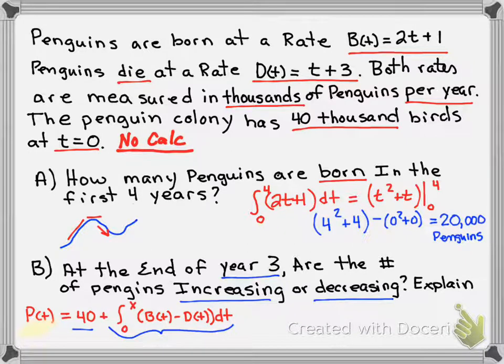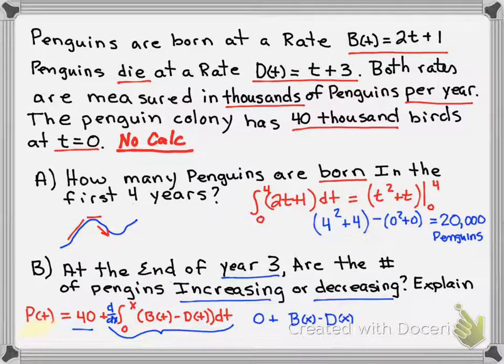Well, the derivative of this 40 is 0, and the derivative of this integral cancels out, and so I'm just left with b(x) minus d(x), where b and d are birth and dying, and we're using x for the time.